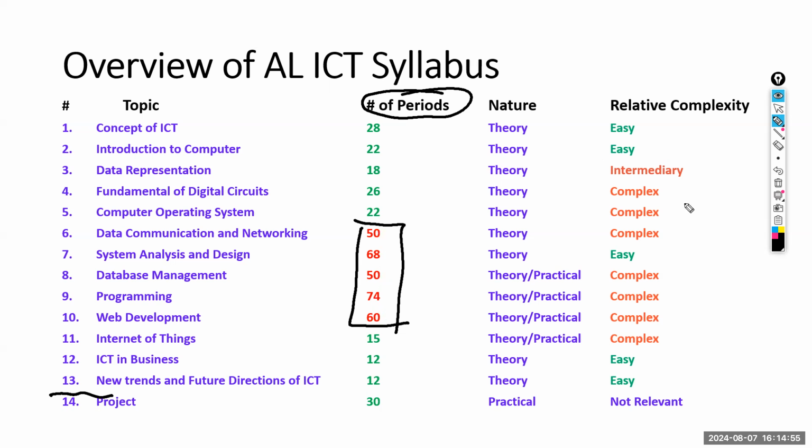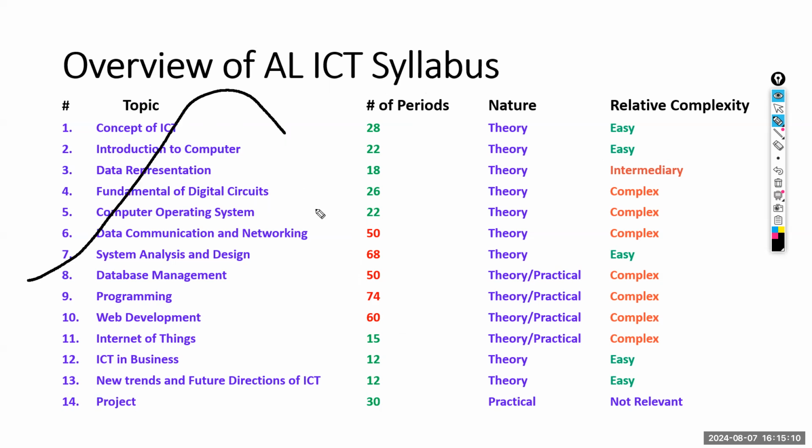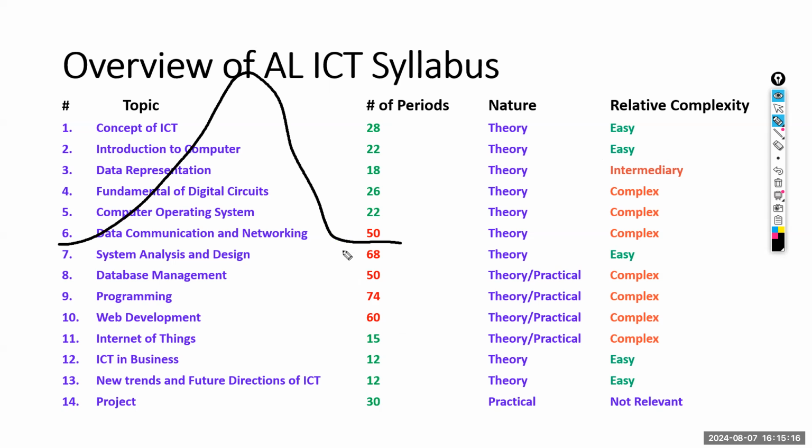So if you look at the number of periods allocated for each topic, it goes something like this, and quickly down.